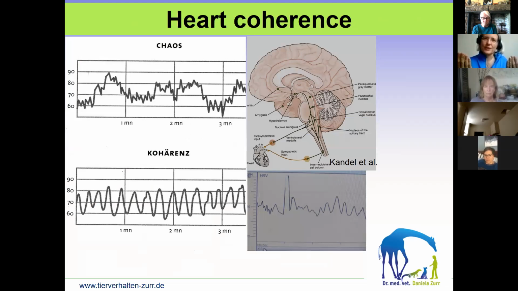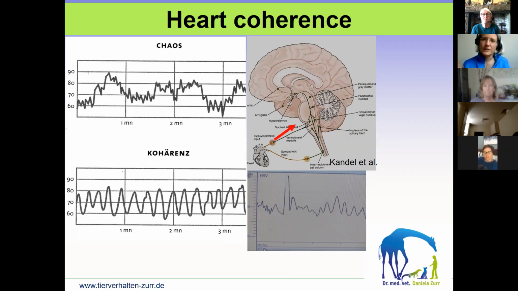Heart coherence is a way to measure the balance between sympathicus and parasympathicus, because the sympathicus is increasing heart frequency and the parasympathicus is decreasing it. And if they are in good balance, the heart frequency goes up and down in a regular pattern like you see here.